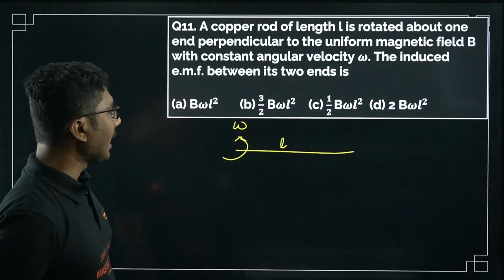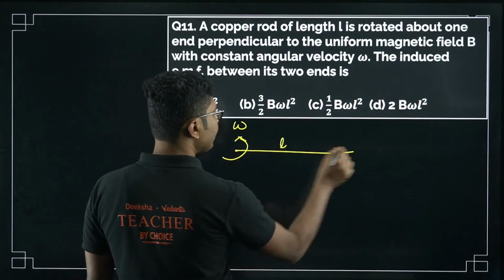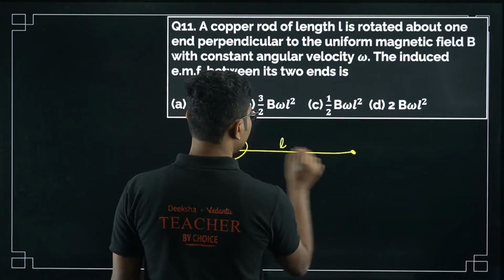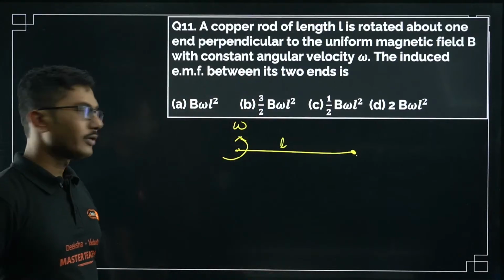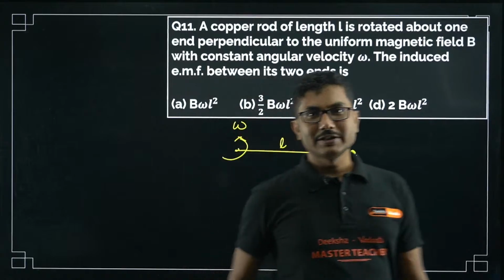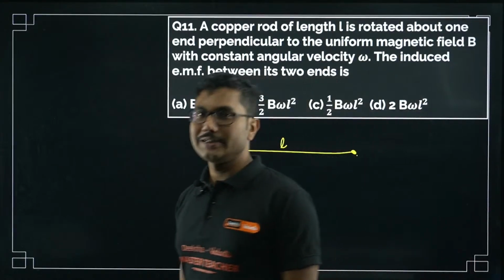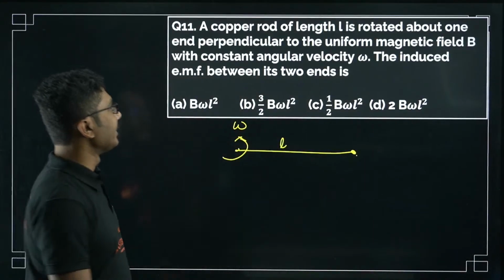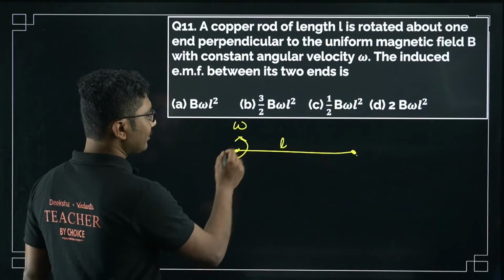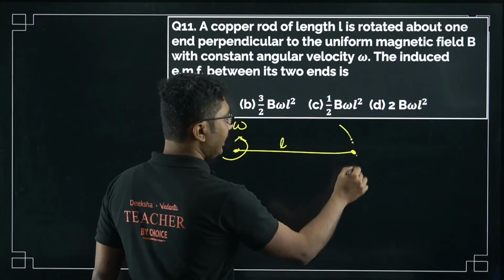You have to calculate what is the induced EMF between both the ends. There is no linear velocity but angular velocity is given. So how can we solve it? And it is rotated from one end. So one end is fixed, another end is rotating.